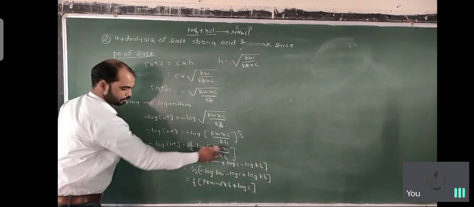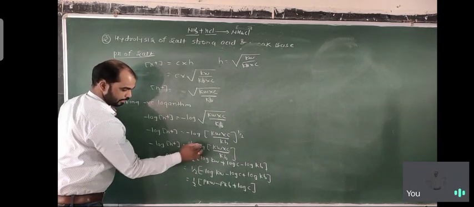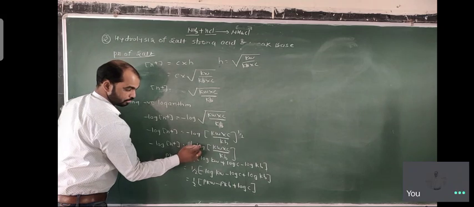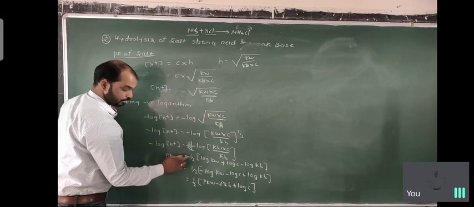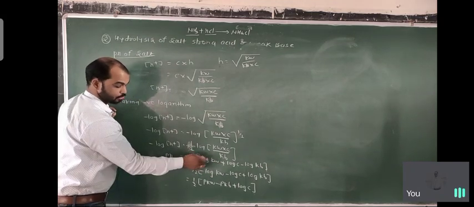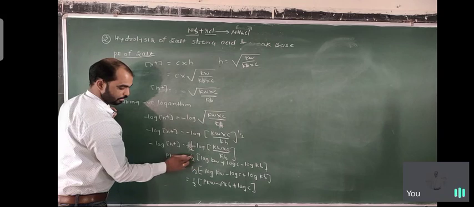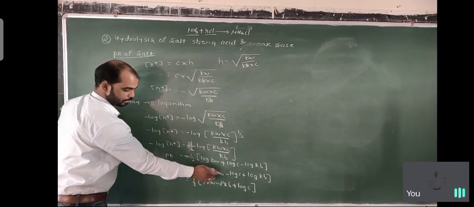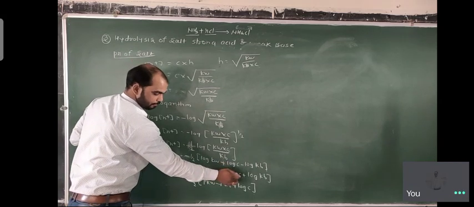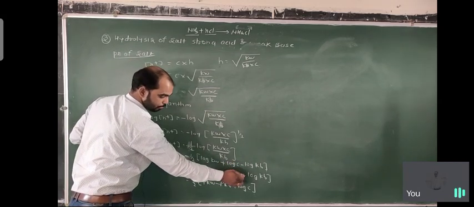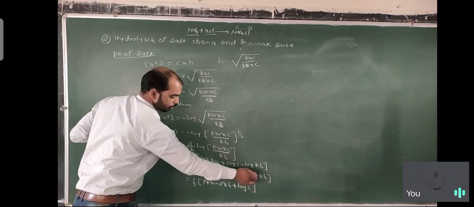When we solve this bracket, it is minus log of KW plus minus log of C minus log of KB. When we shift the negative sign into the square bracket, the positive converts into negative: minus log of KW, minus log of C, and the negative converts into positive: plus log of KB.